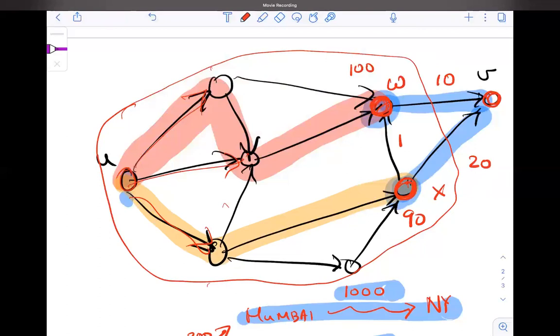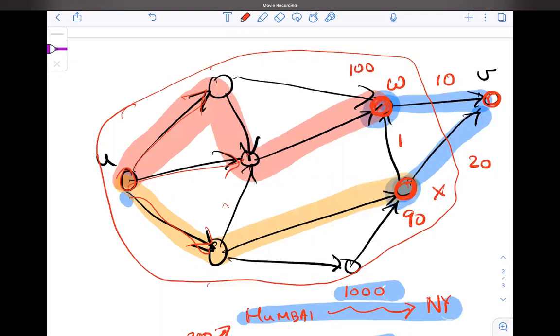So from here, calculating the minimum distance up to W will not be sufficient. Why not? Because if from U to W we find the value as 100, and from U to X we found 90, then can you find that one out?